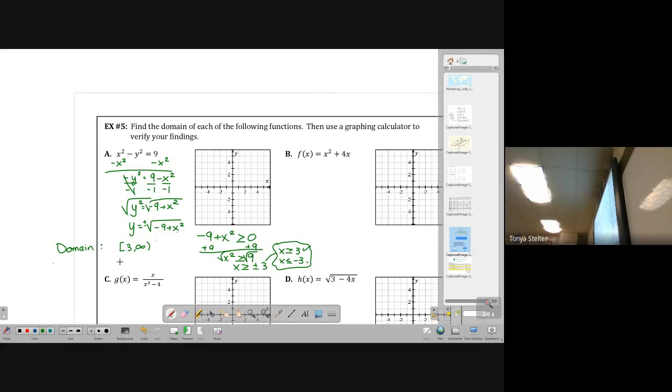So this is going to go backwards from negative infinity all the way to that negative 3 value. We can't have a bracket on negative infinity because it's not an actual number. And then we can go to negative 3 because that would result in a 0 under the square root, and that's okay.